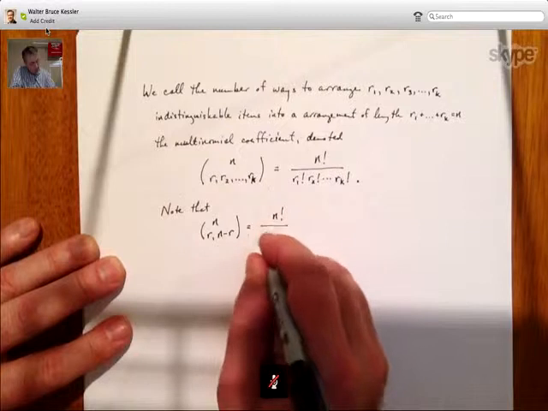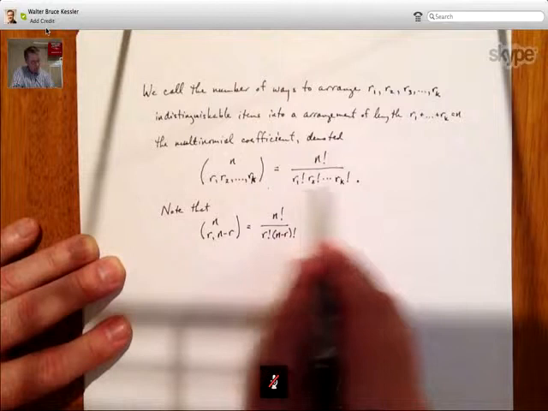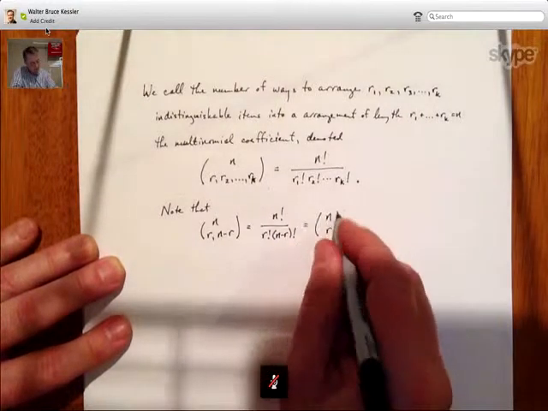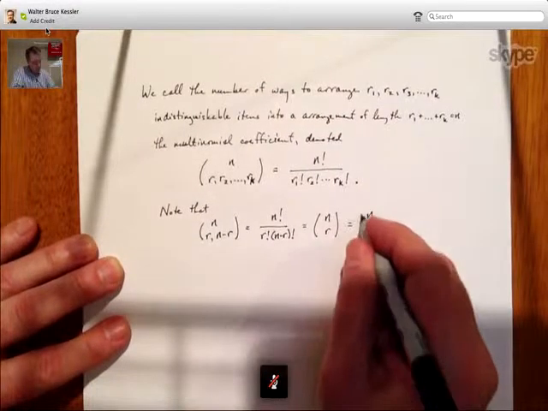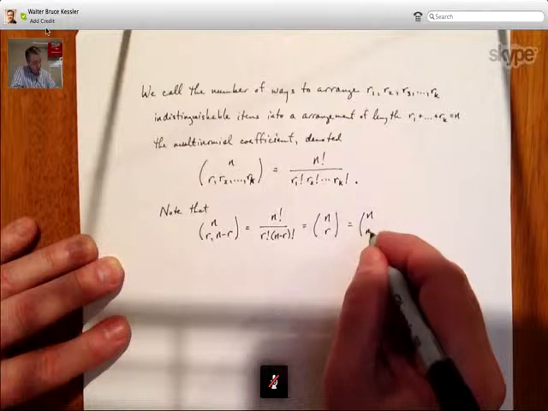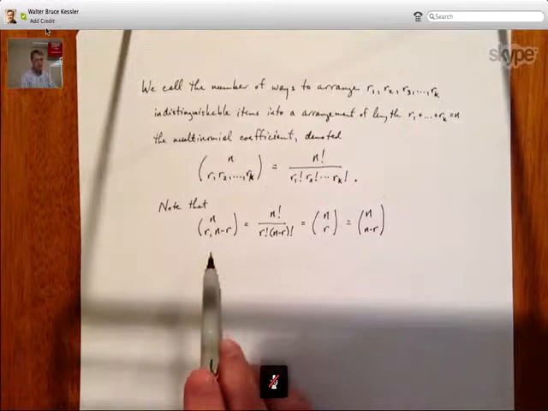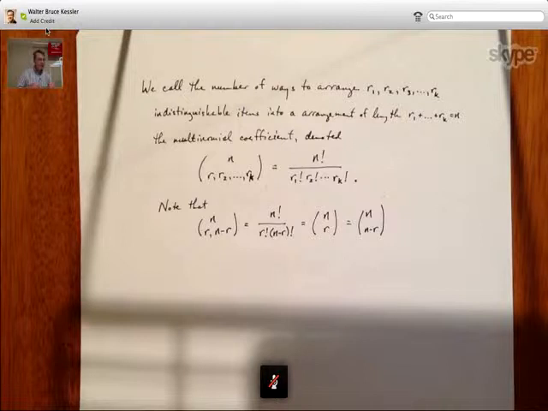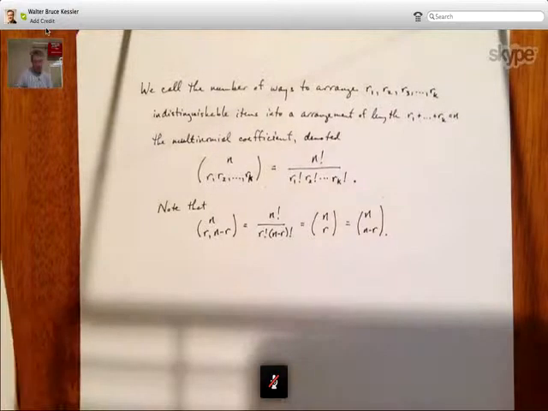This would just be n factorial over r factorial and n minus r factorial. That's just following this convention, right? But this is n choose r. And it's actually also n choose n minus r, which are always equivalent. But what I'm saying is that with just two sets of indistinguishable things, this just folds back into our binomial coefficient. Okay?